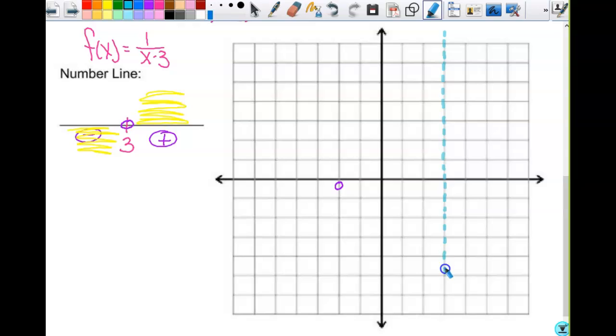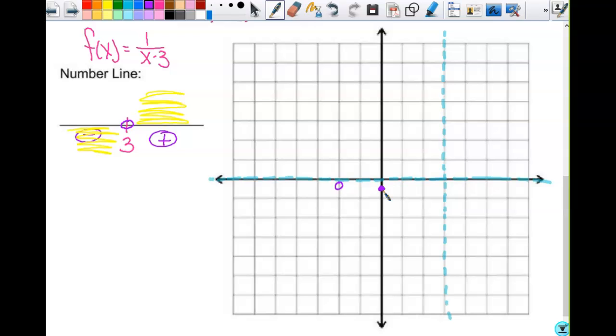I don't have any tangency and togetherness. I have a horizontal asymptote at y equals 0. And I have a y-intercept at (0, -1/3). Okay, so that's everything I've got.